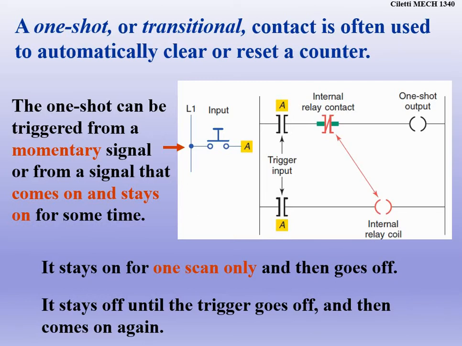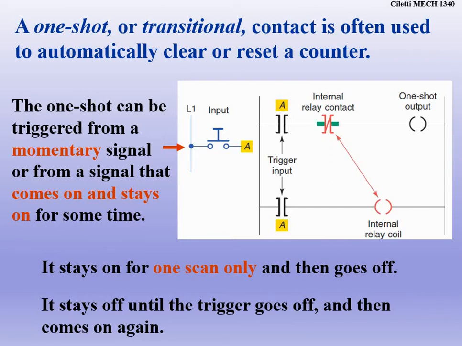So we can use it so it's built into our ladder logic. It can stay on for a scan and then go off, or stay on until a trigger goes off and then comes on again. So we can have something that sets off that internal relay coil that actually operates the reset.